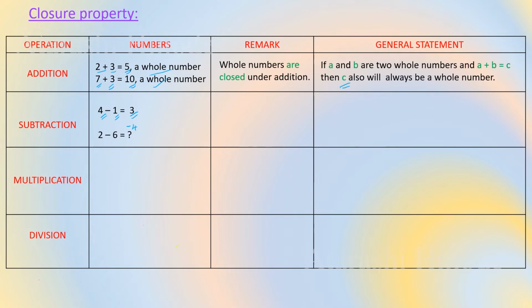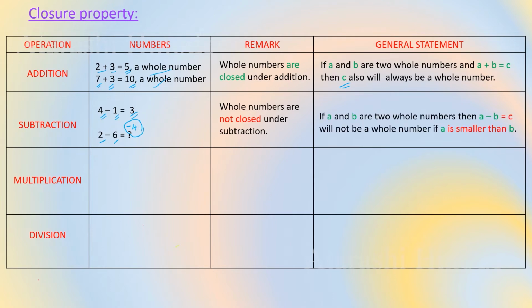That is, even though 2 and 6 are whole numbers, the difference we got is not a whole number. So we can say whole numbers are not closed under subtraction. In general, if A and B are two whole numbers, then A minus B equal to C will not be a whole number if A is smaller than B.